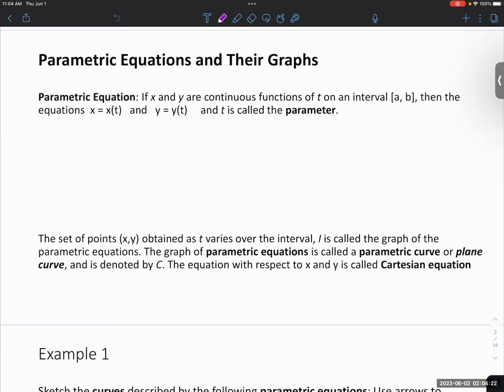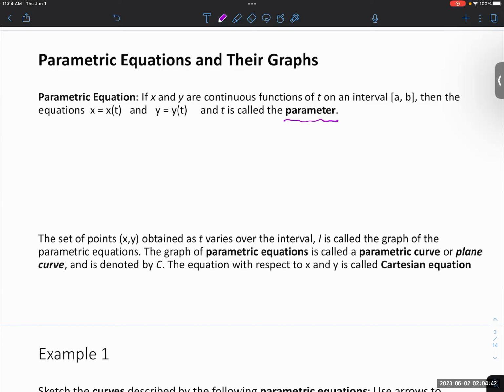In general, parametric equations are useful for describing curves that are not necessarily functions. There are three different variables to define a parametric equation. So what is a parameter?